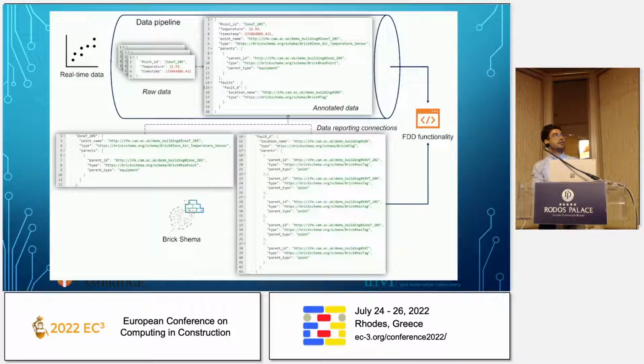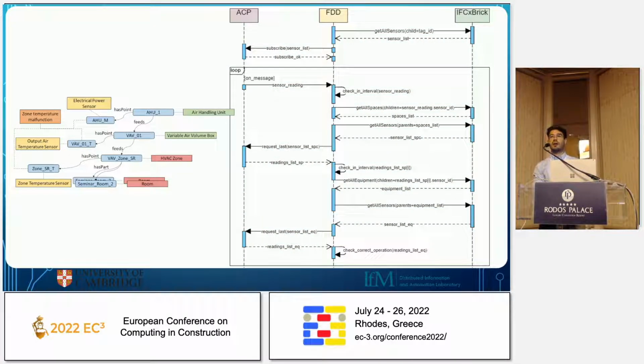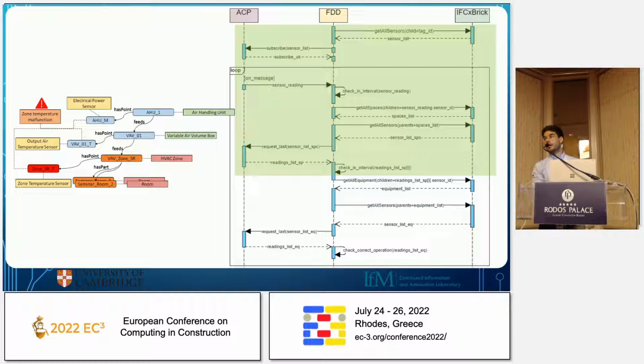Now, this is a really quick result of the data integration, but I'll just leave it for whoever is interested to go into the paper to see the details. I'll be focusing more on what the logic of that application is, how the information actually flows. So we start with a number of sensors that we'll be monitoring, right? And then when one of the sensors gives a warning and maybe a potential fault is detected, we go and check all the related elements to that sensor.